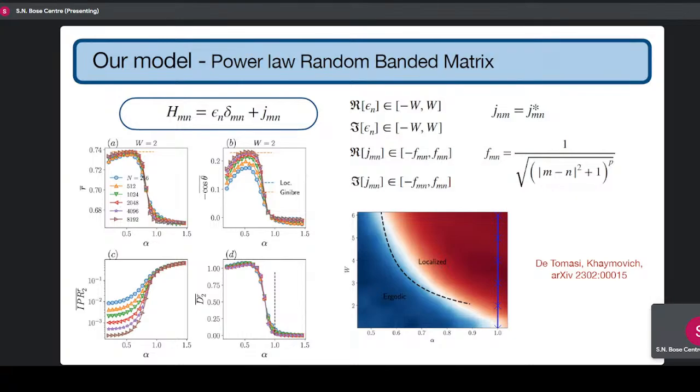And the non-Hermiticity parameter in this model is this imaginary part of epsilon n, because although these J_mn are complex, because of this condition, if we didn't have this, it would go to the Hermitian power law banded model.